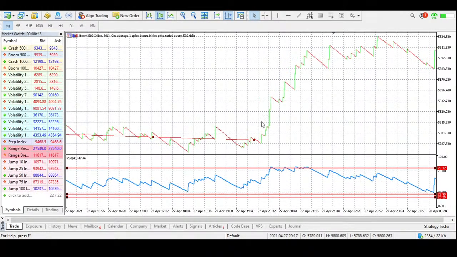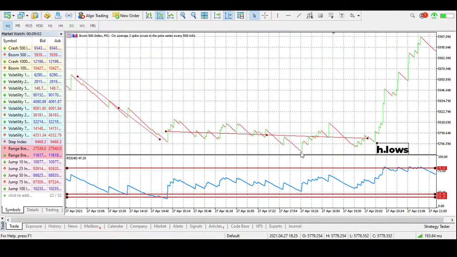Then before the market actually rises, you see higher lows at this point. You see higher lows here too.